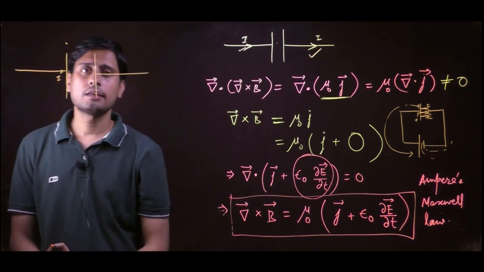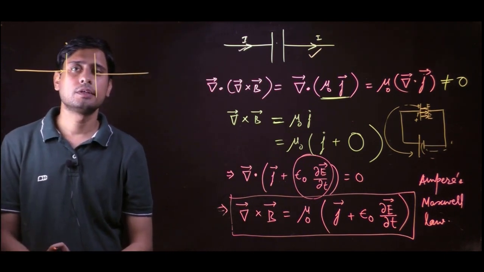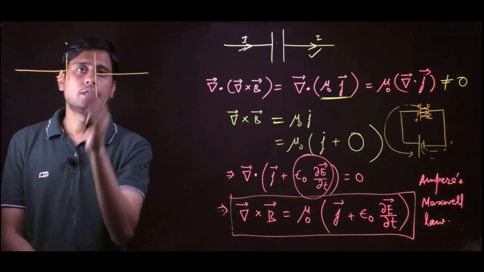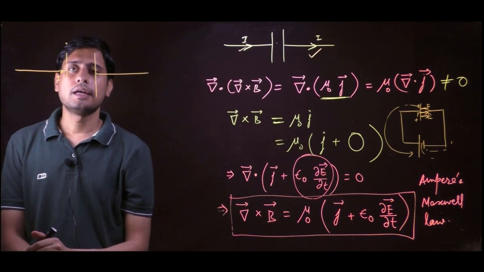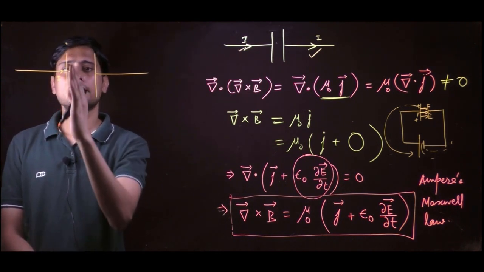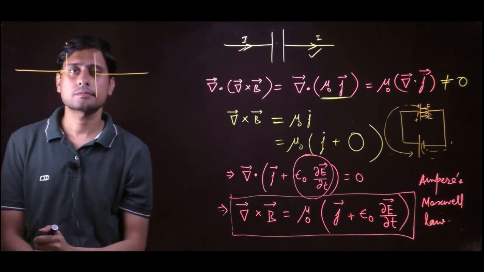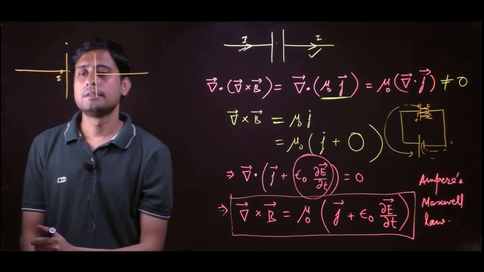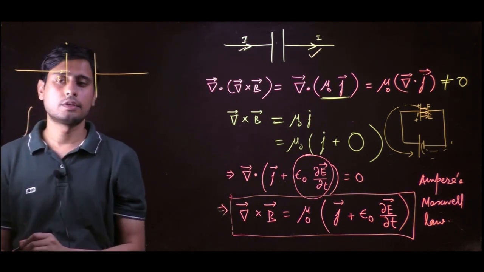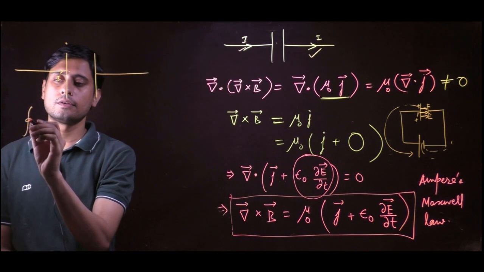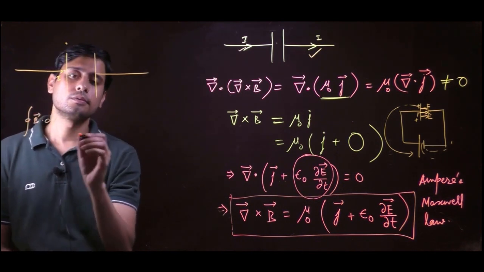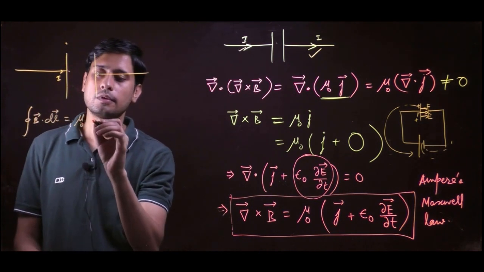So we can calculate in a limiting situation, before that point and after that point. If you calculate just before where the plate ends, you can easily calculate from the old Ampere circuital law, that is, the integral of B dot dl gives you mu naught times I.